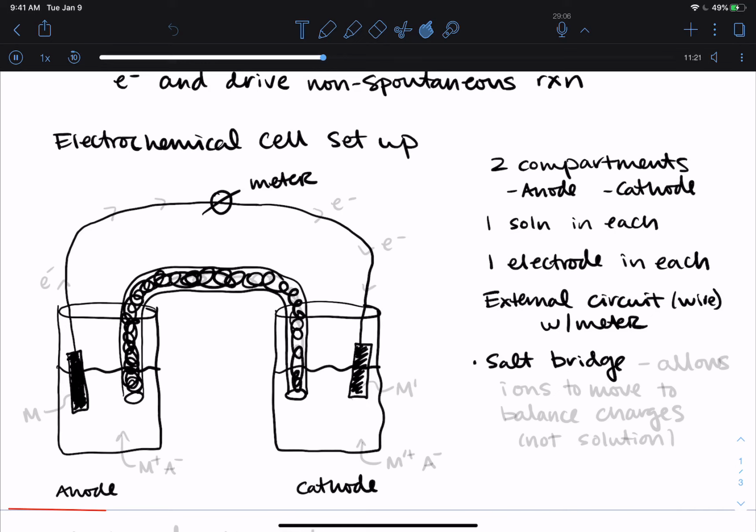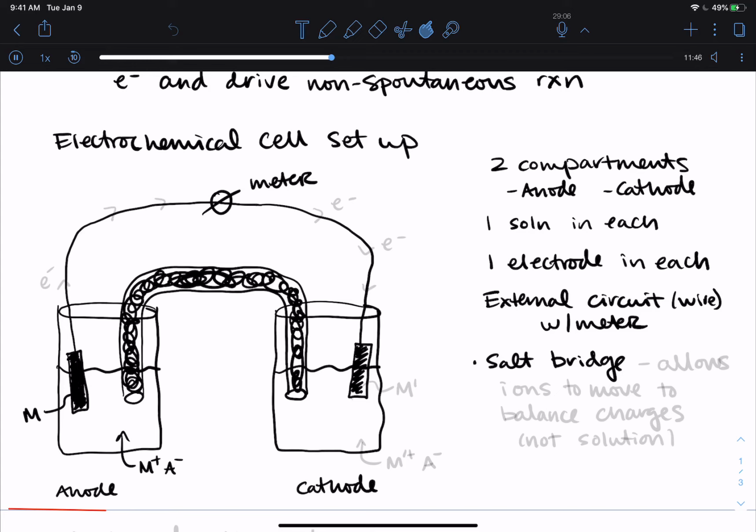All right, so in terms of the components that we have going on here, the solution on the anode side will be something like a metal with some kind of plus charge and its counter ion. And then this electrode is made out of metal.